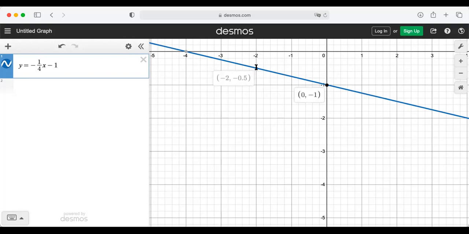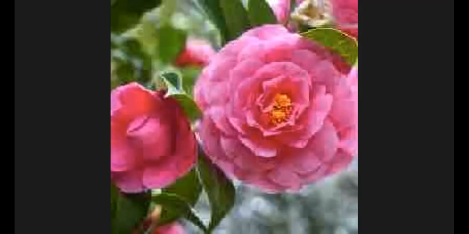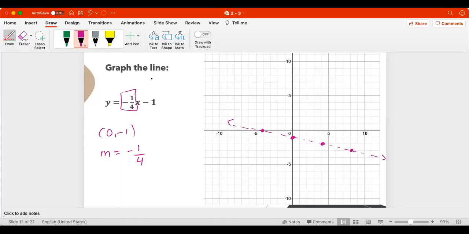Do you see that? Negative 2, negative 0.5. That's on the line. Can we verify that? Let me switch back over. Is negative 2, negative 1/2, because a half is 0.5, on the line?